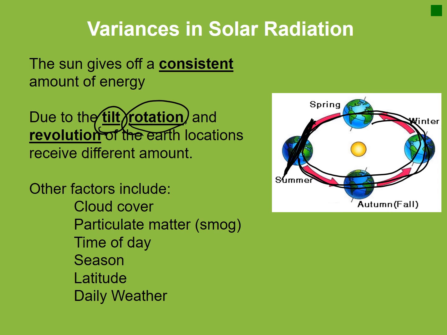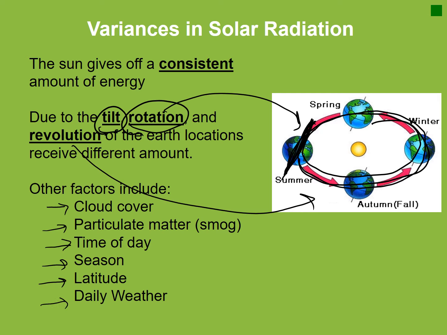All of these factors give you different amounts of sun radiation. So the rotation tells you whether you're day or night. The revolution tells you what season you're in. Other factors that can change your solar radiation are cloud coverage, smog, the time of day, the season you are in, the latitude, and your daily weather.